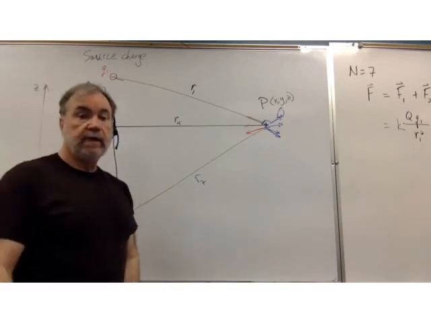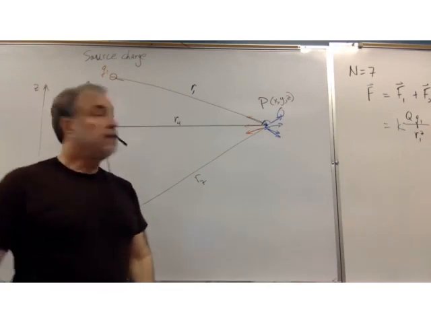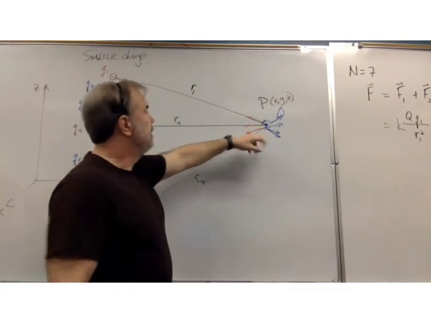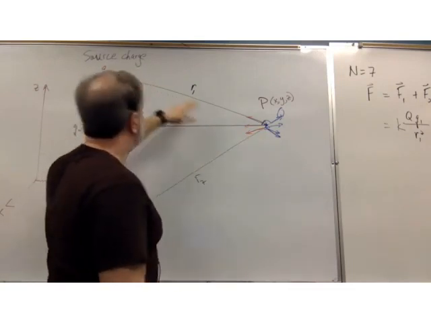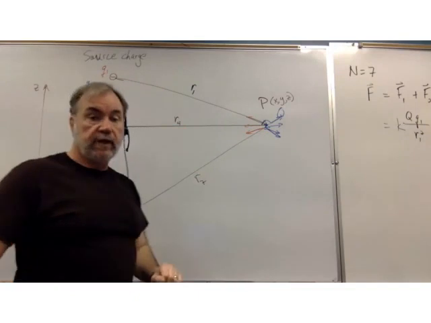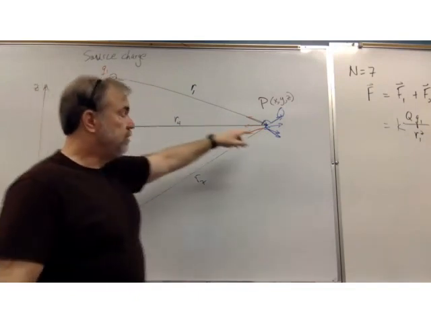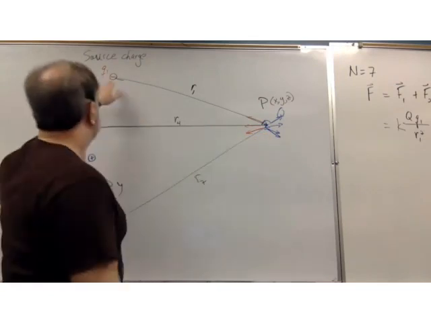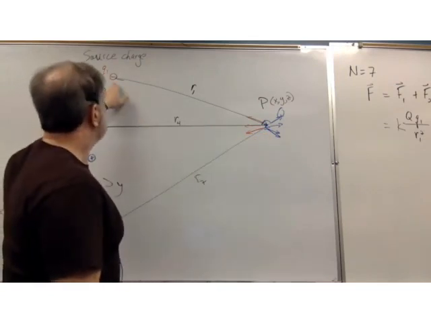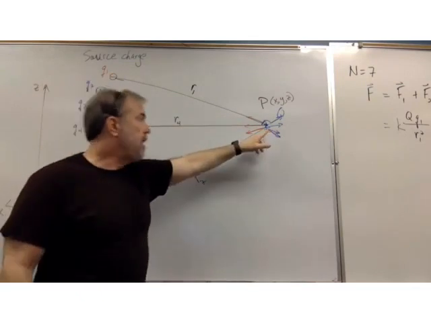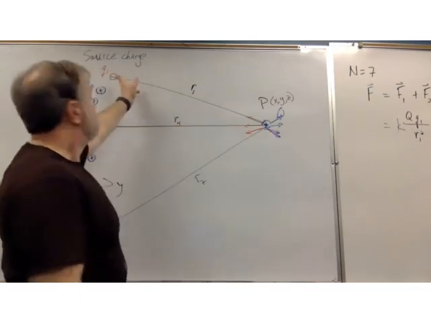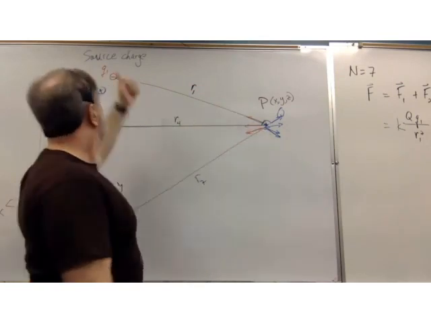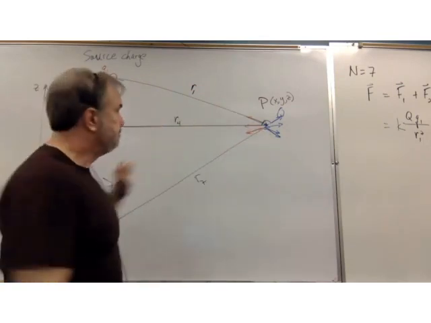The way we would say it in English is that the electric force on Q points either directly toward or directly away from the source charge, and we can figure that out real quick. Since capital Q is positive and our source charge Q1 is negative, they're going to attract each other. So capital Q is going to be attracted to Q1, and so therefore the force on it is going to point directly towards Q1.